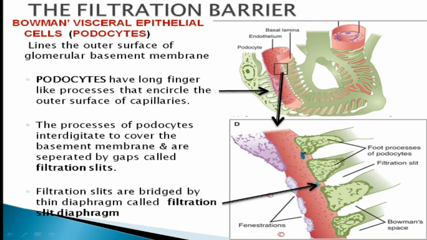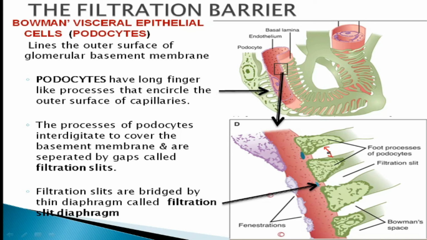These are the small gaps which are known as the filtration slits. So you can see these are the podocytes, these are the finger-like foot processes of the podocytes, which are nothing but a part of the Bowman's visceral epithelial cell, and the podocytes are separated by this area which is known as the filtration slit.